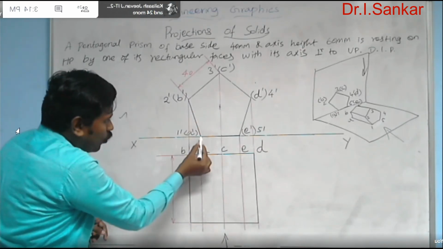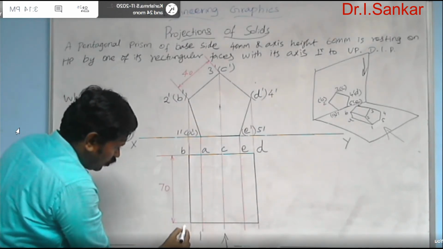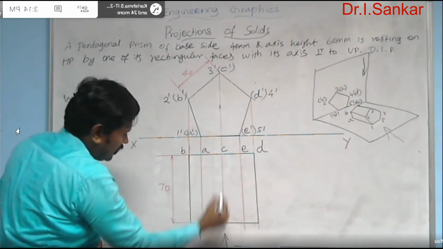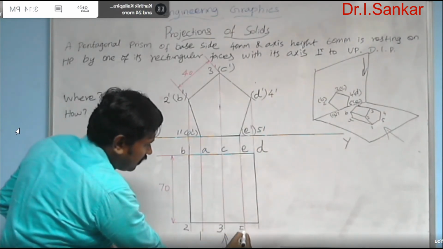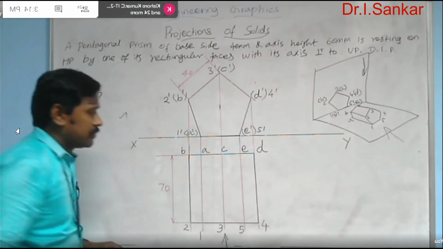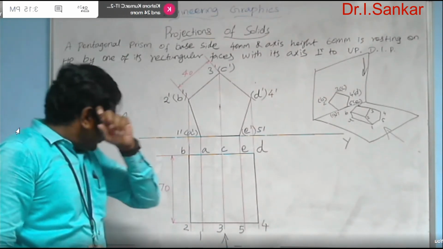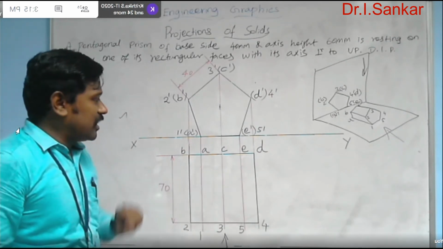Starting from 1, here 1, and here 2, and here 3, here it is 5, and it is 4. And you need to highlight all the edges with the HB pencil.